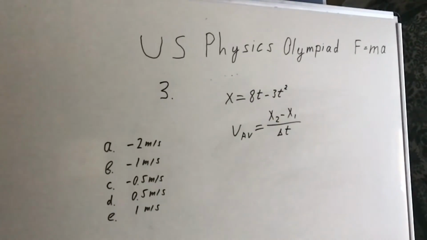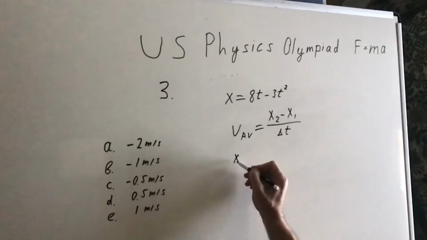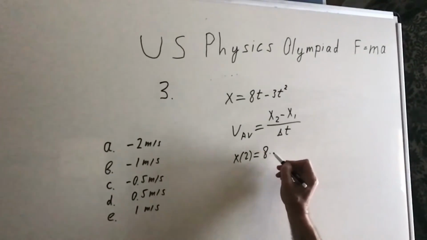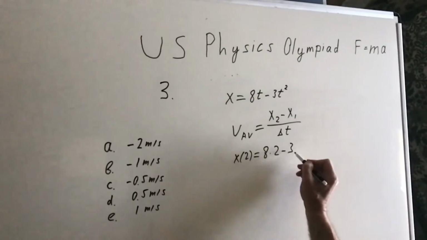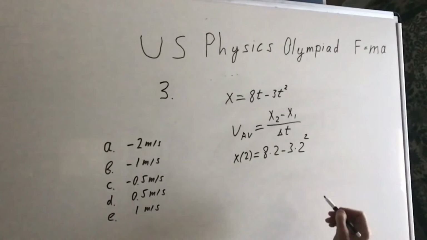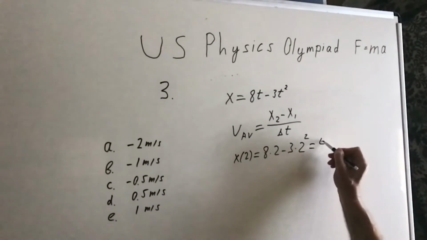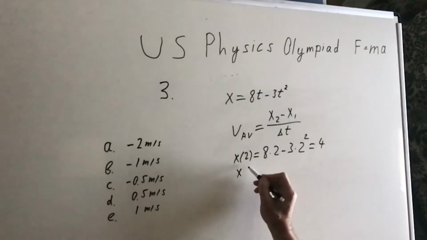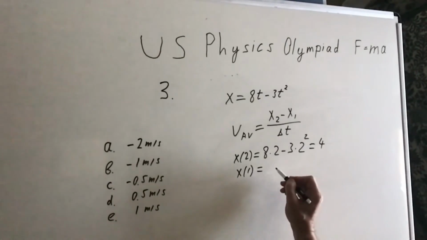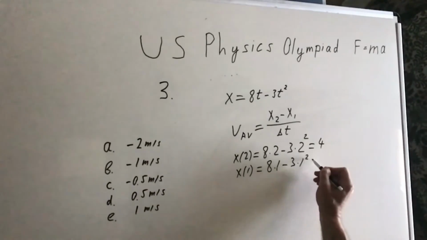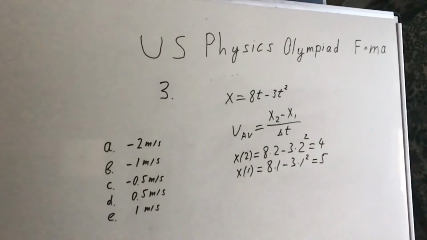So for 2 seconds we have x at 2 seconds, that's equal to 8 times 2 minus 3 times 2 squared, which is 4, and x at 1 second, that will be 8 times 1 minus 3 times 1 squared, which is 5.